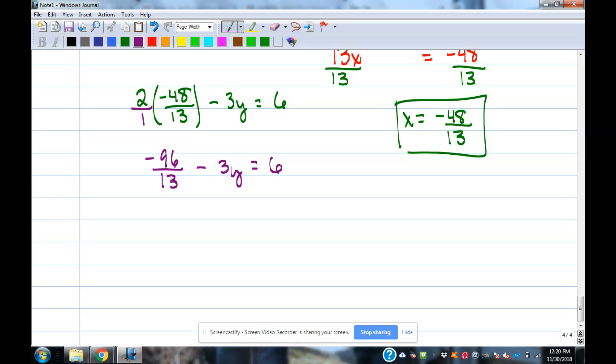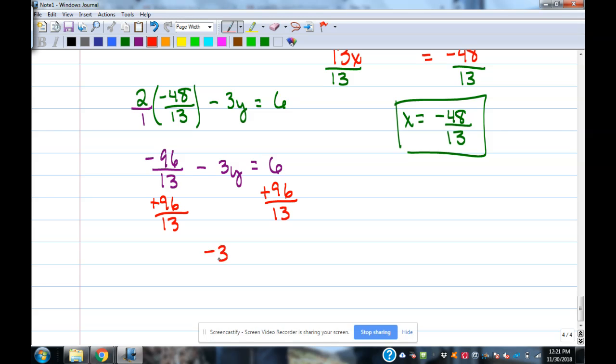So, now, what's next? Yeah, I got to add this number over here to the other number. So plus 96 over 13.